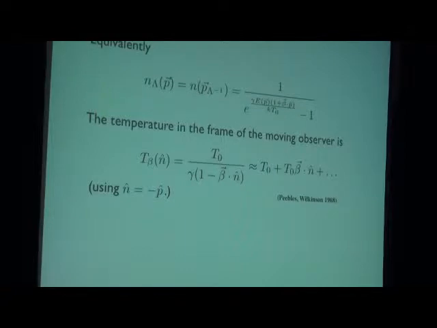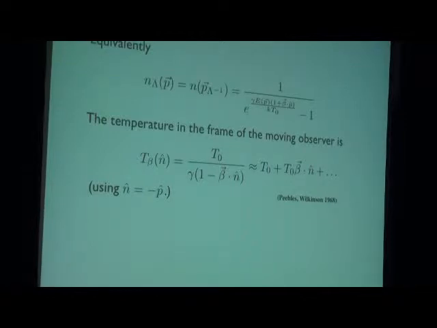And you can simply work out what the corresponding energy is using a boost into a frame that's moving with velocity beta, and then you get an expression that looks like this. So this is the occupation number that the moving observer associates with this thermal bath.